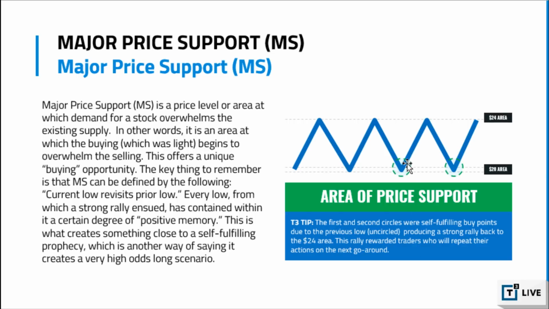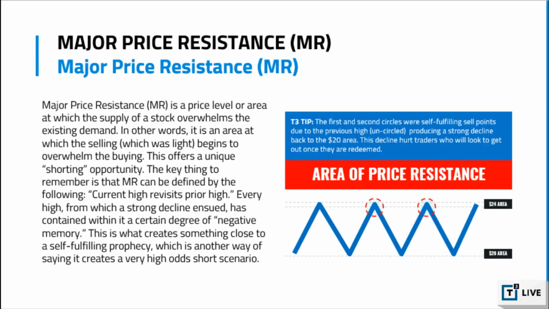Their buying propels the stock higher. That's major support due to a positive memory being rewarded. Major support exists in sideways trends, in uptrends, in downtrends also, but mostly in sideways trends.